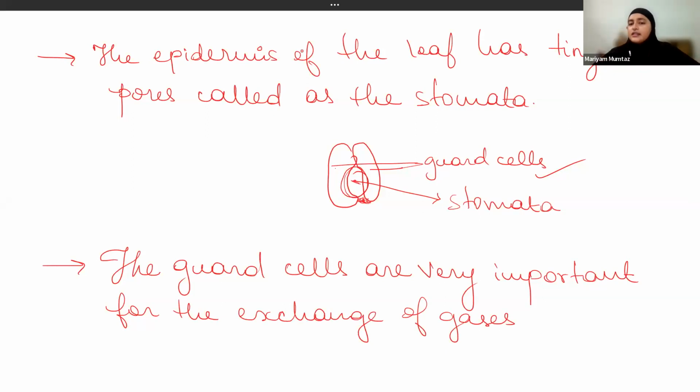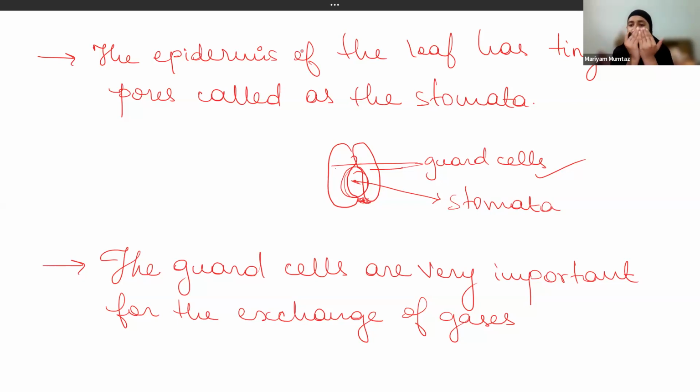Okay, see, the guard cells are present surrounding the stomata. When the guard cells move apart, the stomata opens and gases can be taken in. As soon as the guard cells close, the stomata also closes. Because of this property, the guard cells are very important for the exchange of gases.